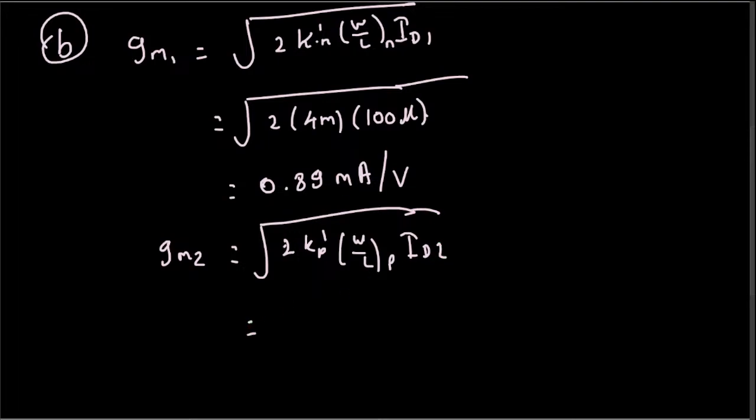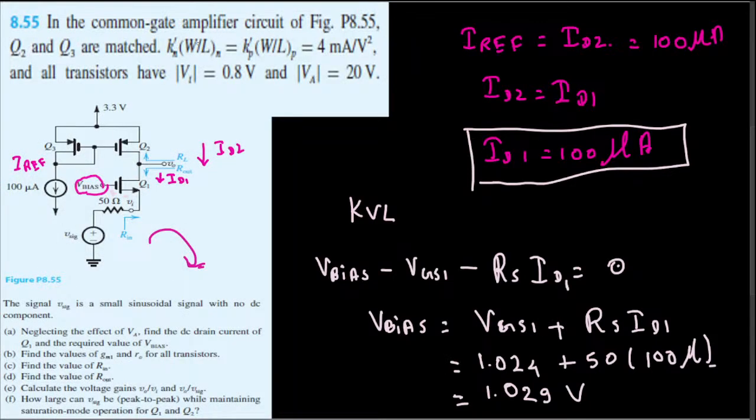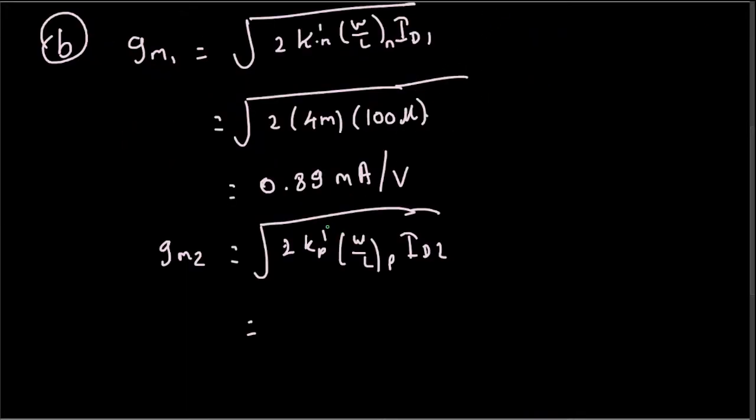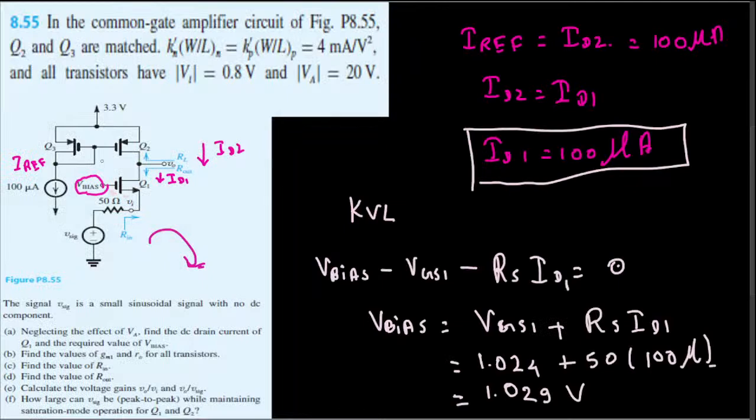If you look at the question, they say Kn prime W over Ln and Kp prime W over Lp, both of them are equal, and that's 4 milliampere per voltage squared. At the same time, the current is also equal because of the current mirror effect, because it's matched. It means the exact same current is going to flow through this one as well.